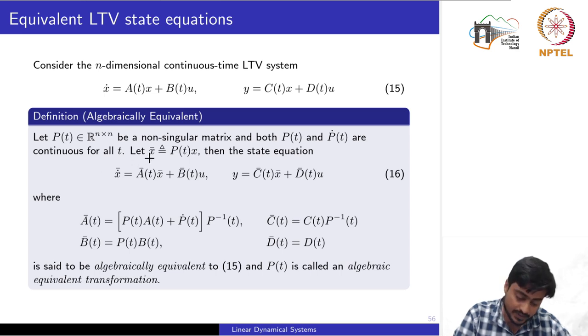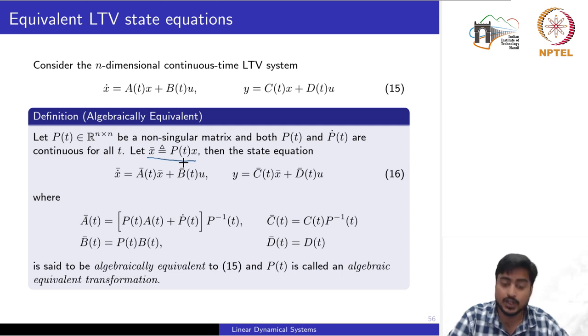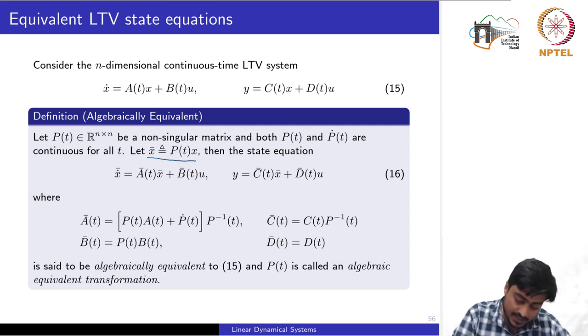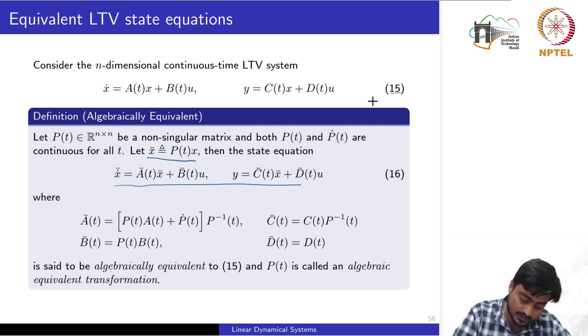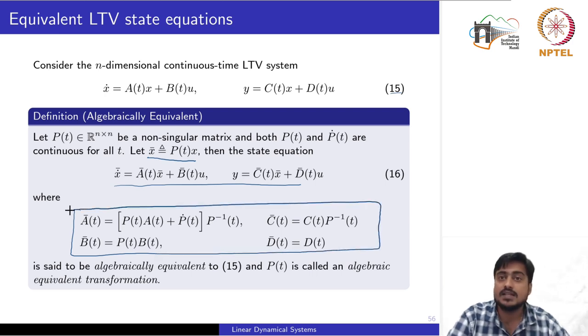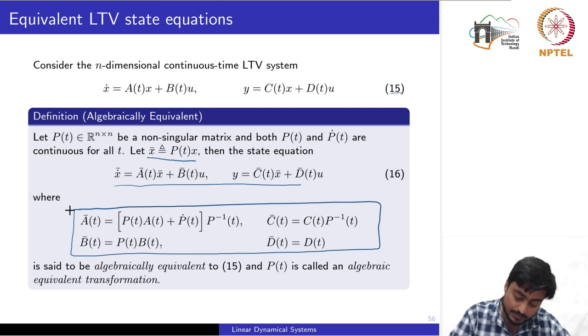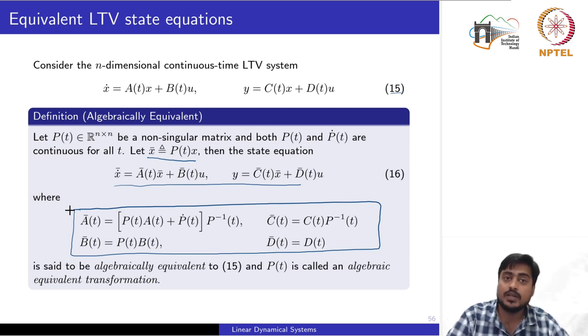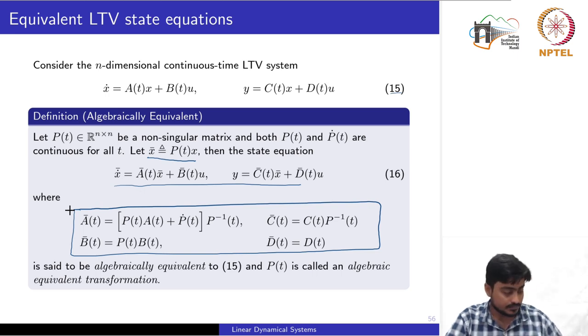Again in a similar way we define the transformation x bar equals P(t) x. Then we say that this equation is algebraically equivalent to this one whenever A bar, B bar, C bar, D bar satisfy these equations, and P(t) in that case is called the algebraic equivalence transformation.